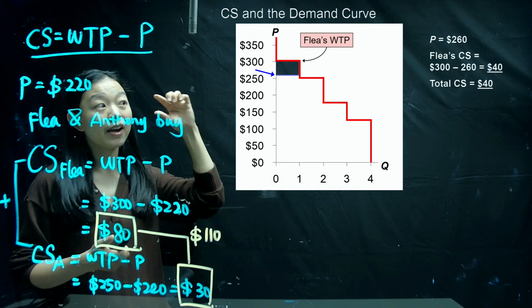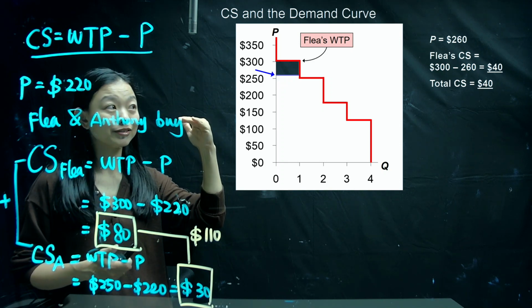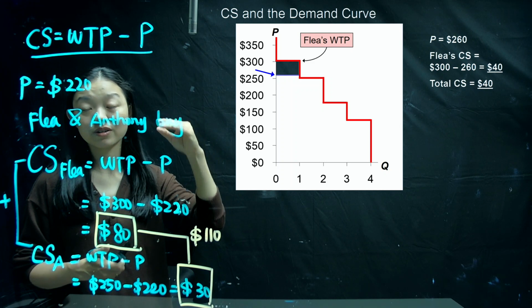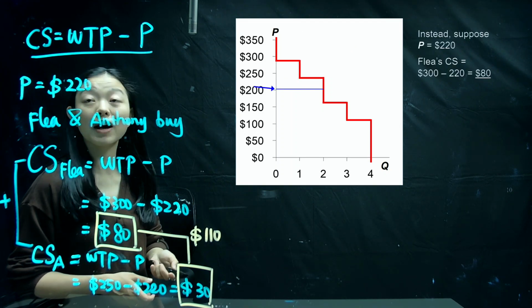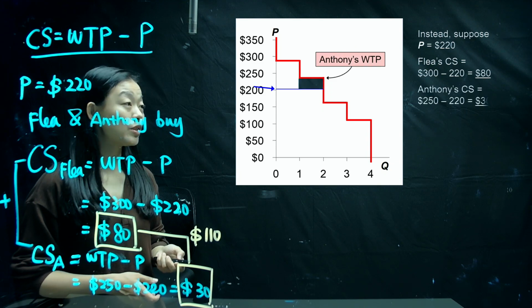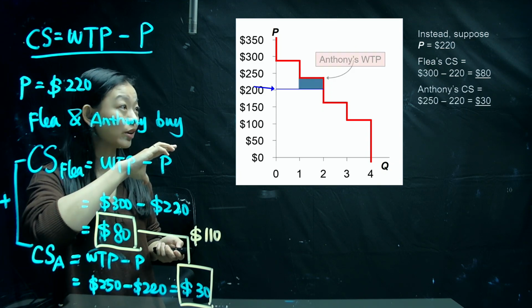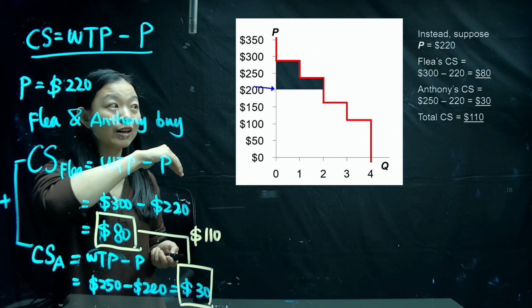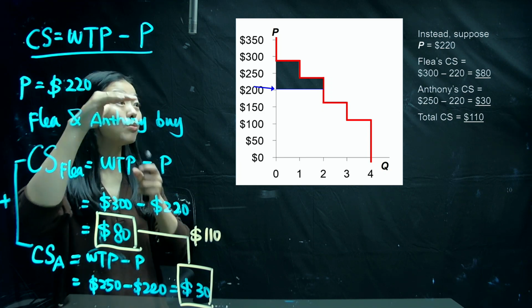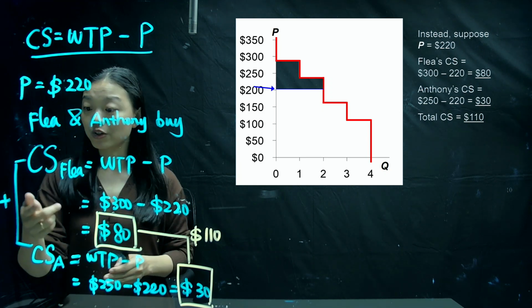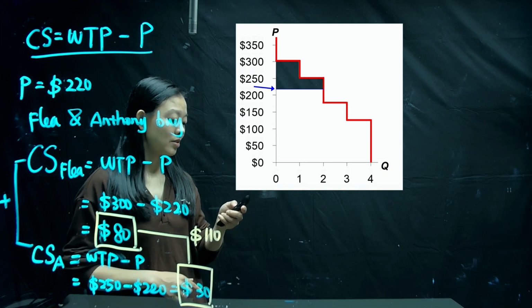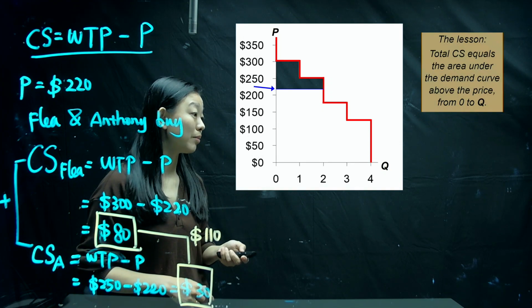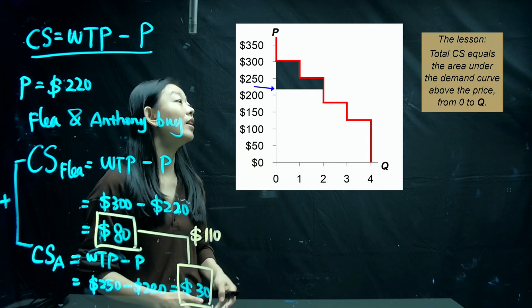It is just the area below the demand curve and above the market price. Then, when the market price decreased to $220, we still can use the area below the demand curve but above the market price to measure total consumer surplus, right? So here we will give you the summary, okay?